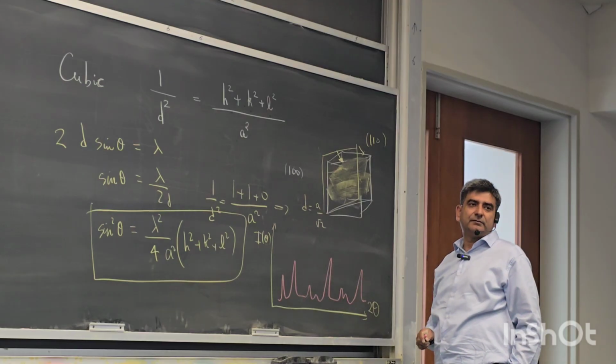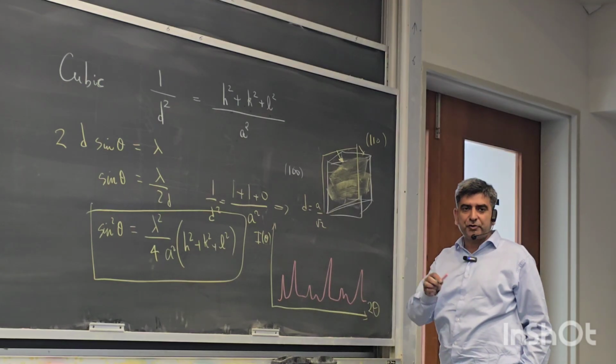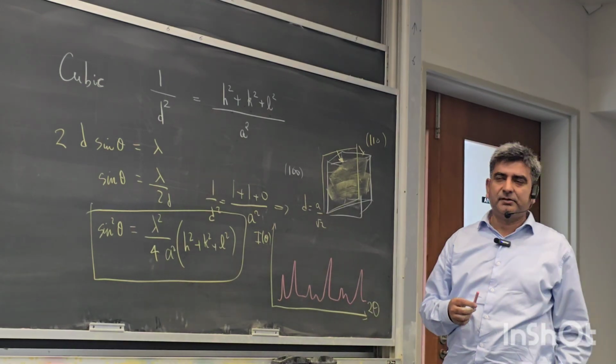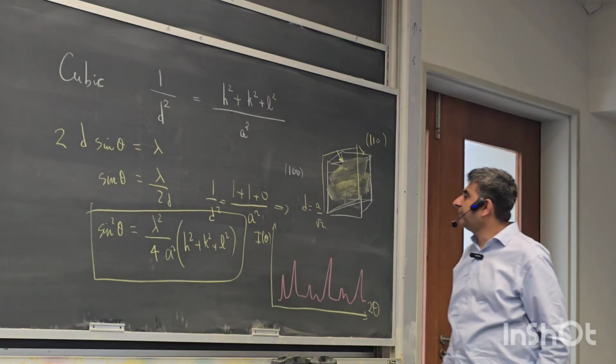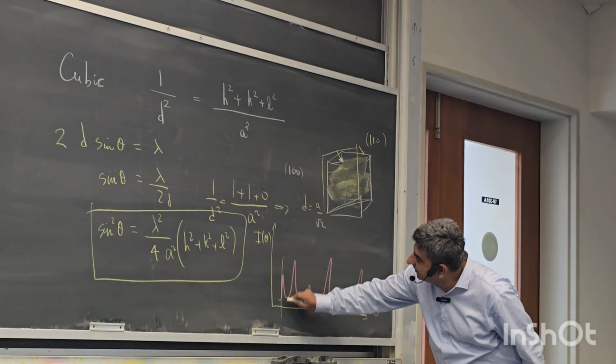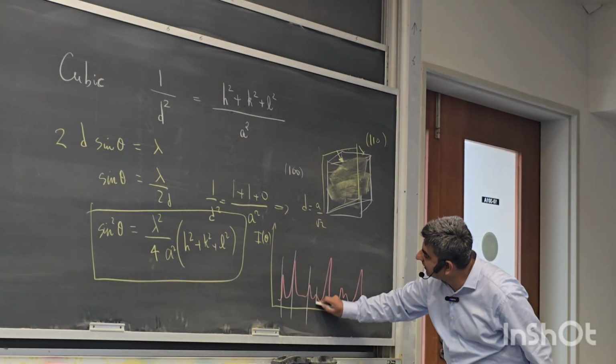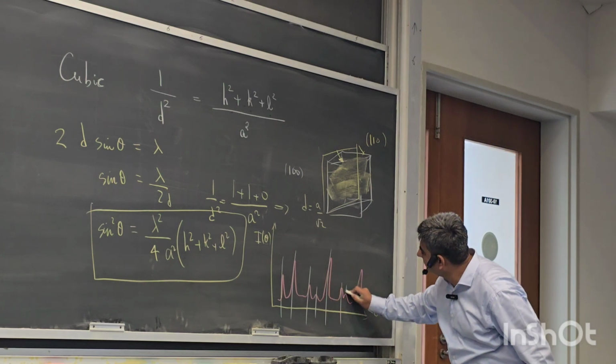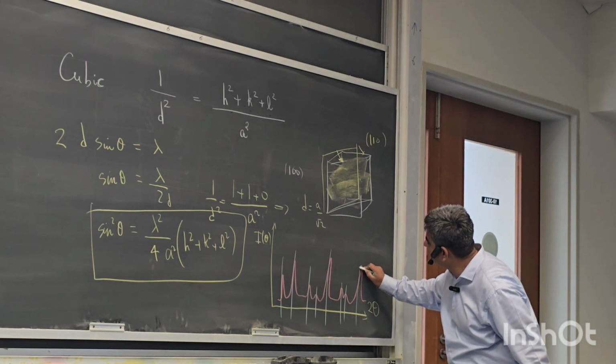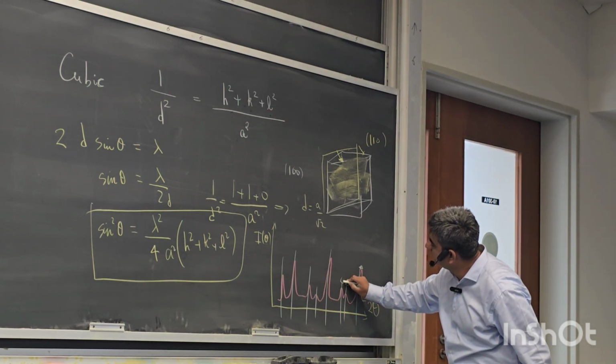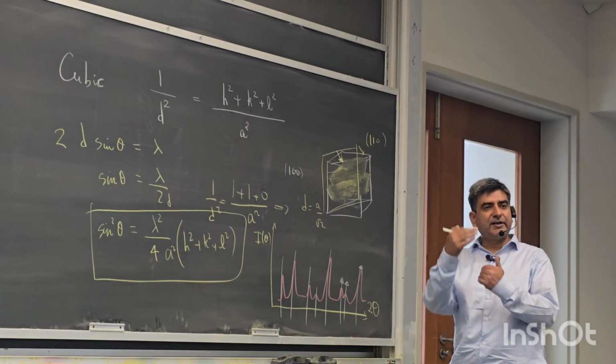You get some peaks. And I'll show you some real spectra. Now in this case, you identify the thetas or the 2 thetas at which peaks occur. You find the positions of those peaks, right? So you get a table of thetas.